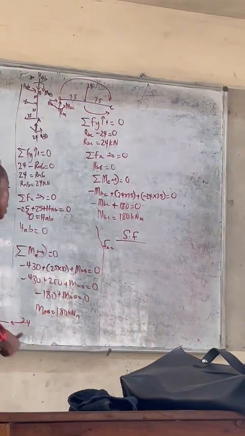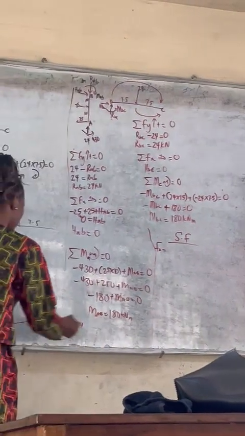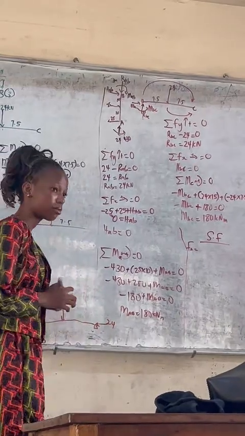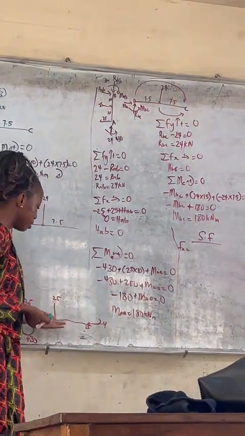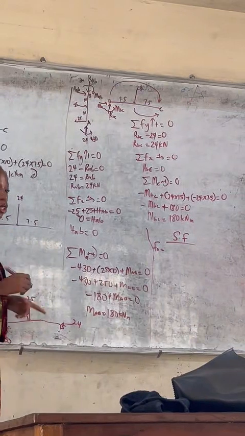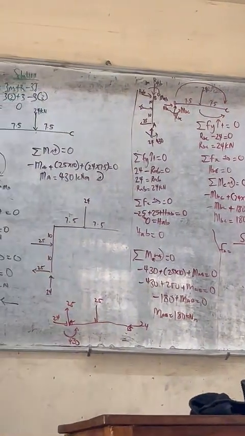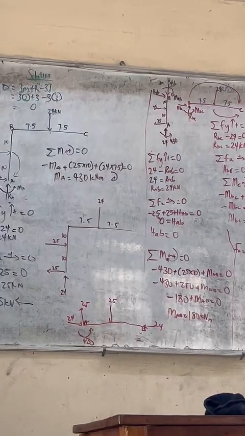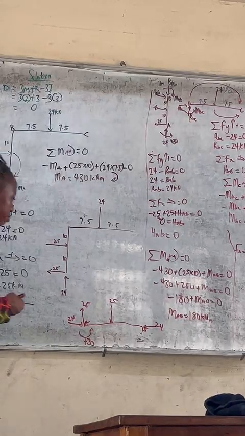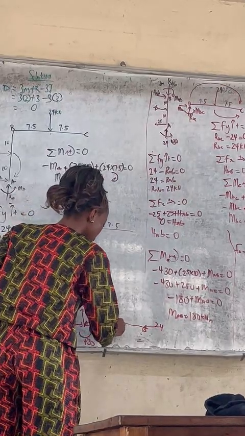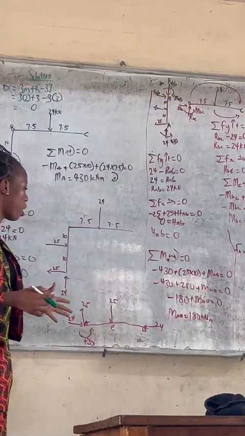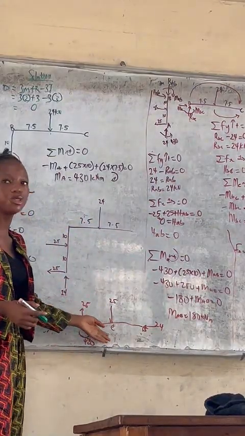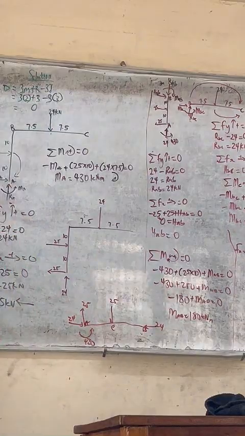So now, this is A and this is B. I always like to label my point load, the point load that is given in the question, so our shear will come out very well. From here, you can easily know how our shear is going to look.